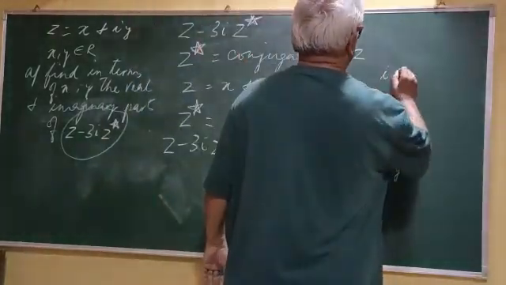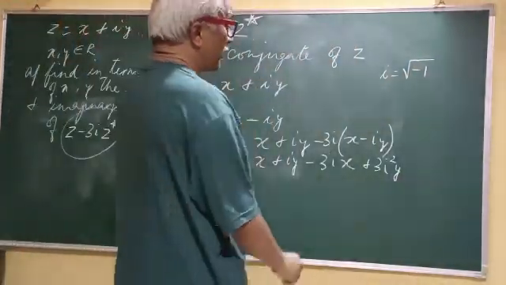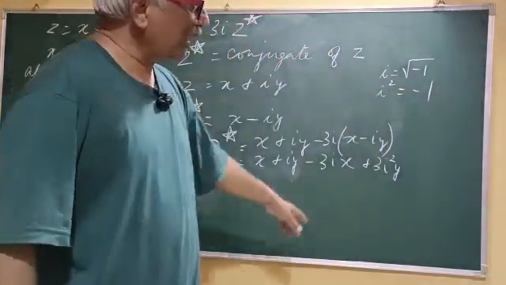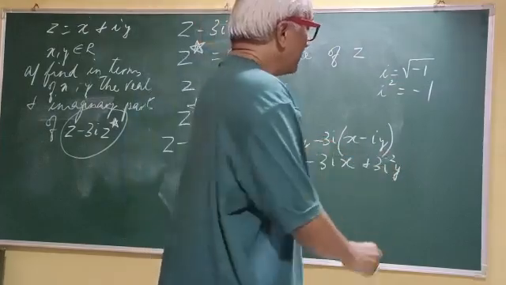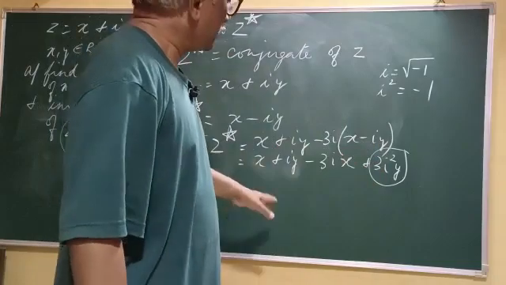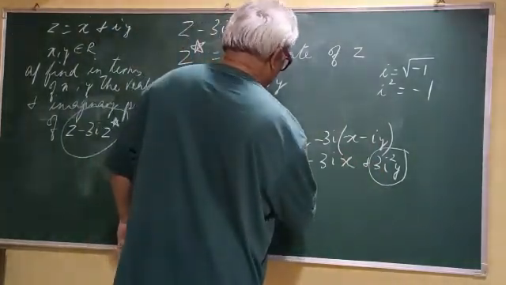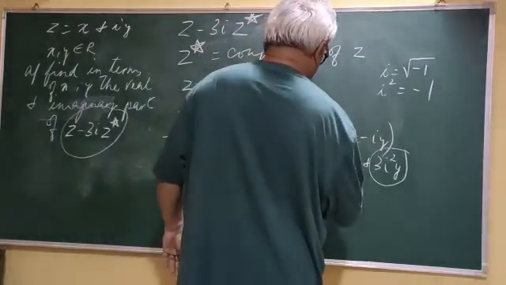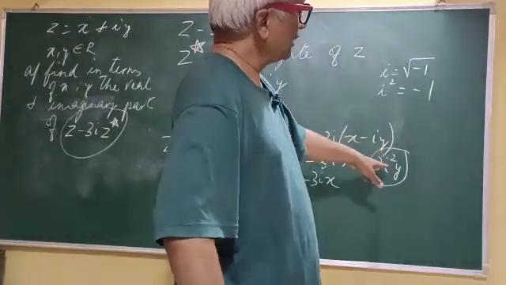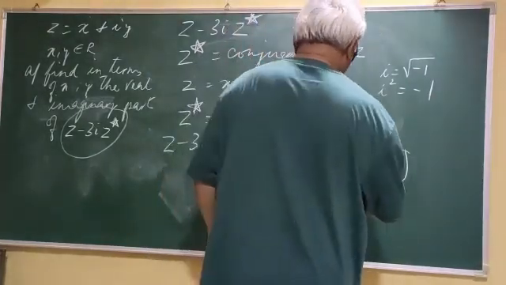So i square is minus 1. Alright. So recognize that 3i square y is a real part. So x plus iy minus 3ix, and 3i square y becomes minus 3y.